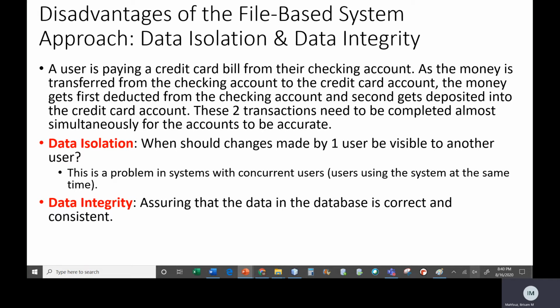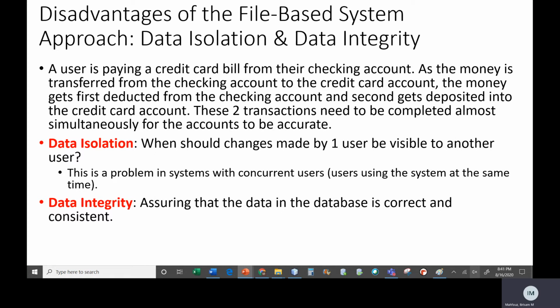And if you are talking about a checking account, money being deducted from it, not deposited into the credit card account to pay the bill, there we don't have data integrity. We don't have consistent, correct data. We have money that has been lost from one account and has not made it to the second account yet. This is a violation of data integrity. The data is not correct. You are looking at your credit card and your checking account, and all of a sudden you have $100 less than you should have.